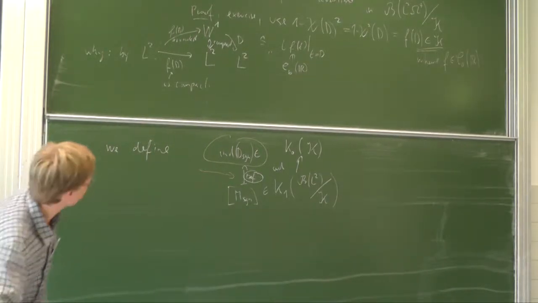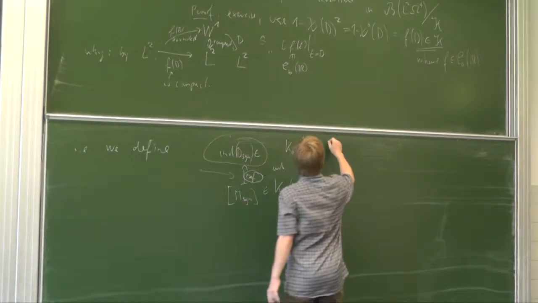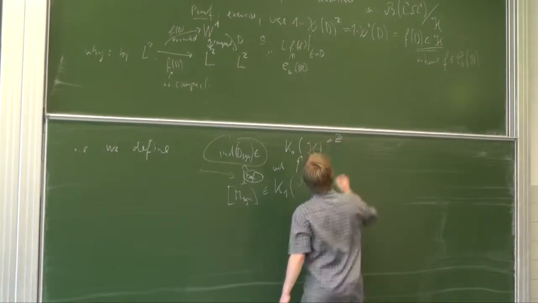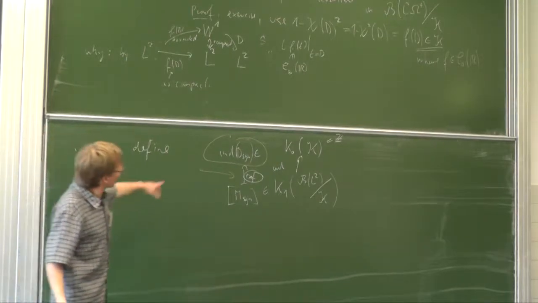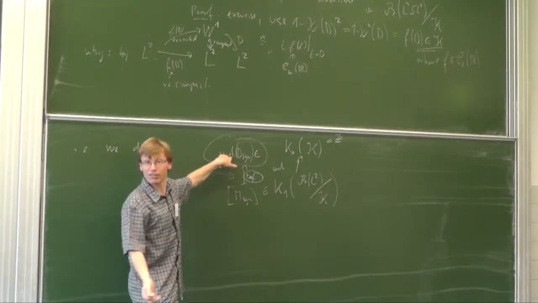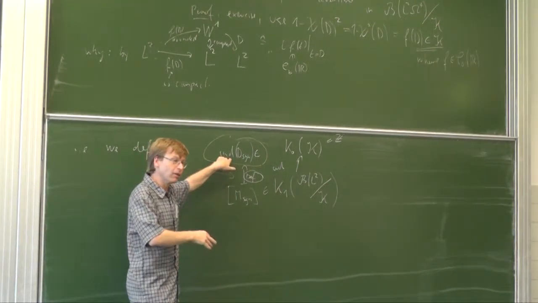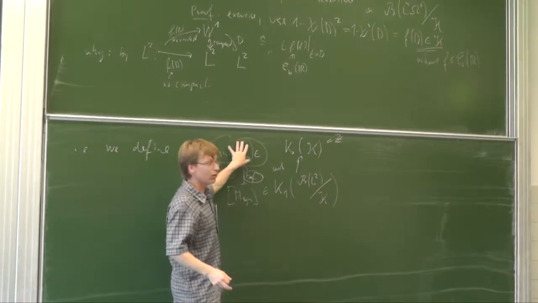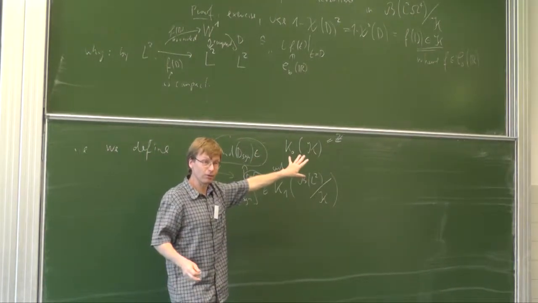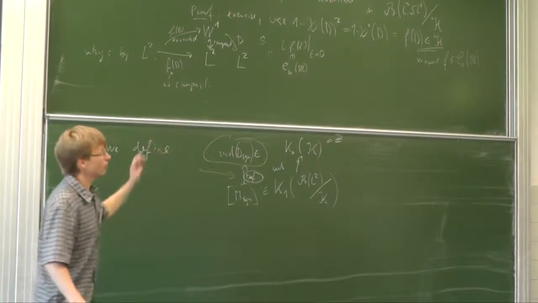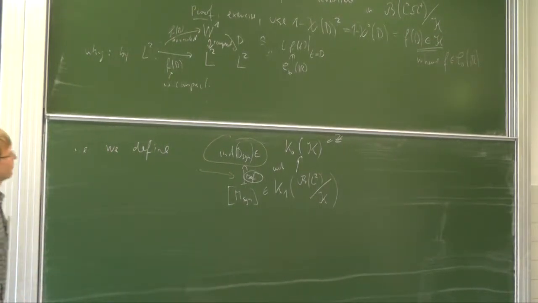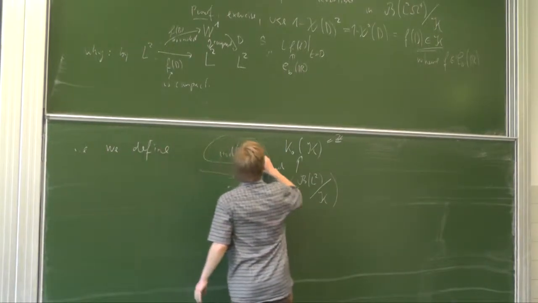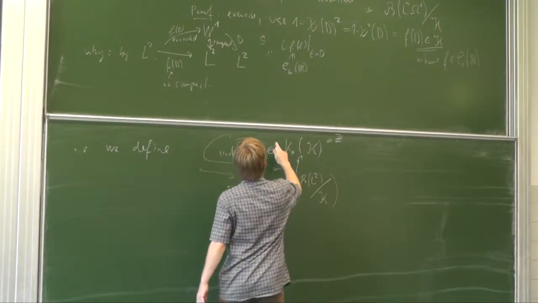Now I told you before that K0 is isomorphic to Z, and of course this is the index we discussed last time, the difference of the dimension of the positive part of the kernel and the dimension of the negative part of the kernel, which is then something we have to prove. I mean, we could work it out, but let's stop here. I want to take this principle as the take-home message.